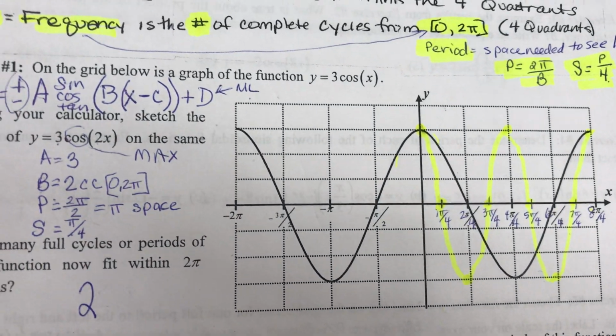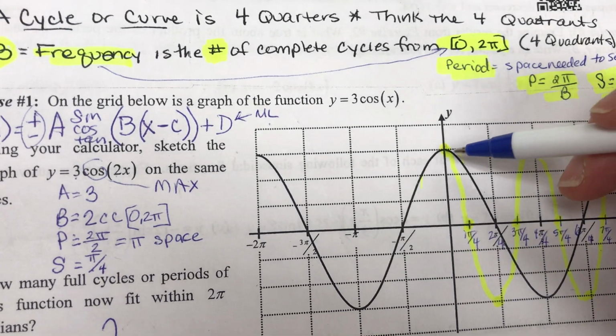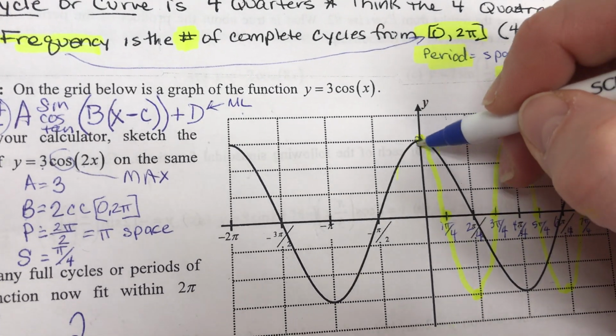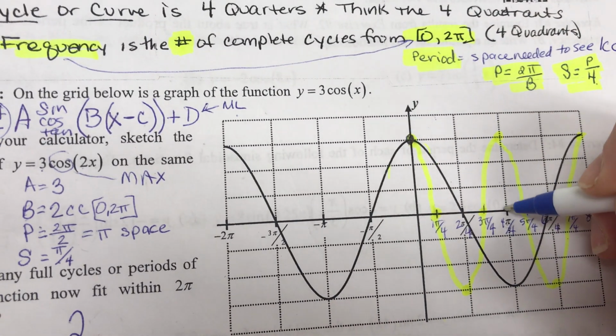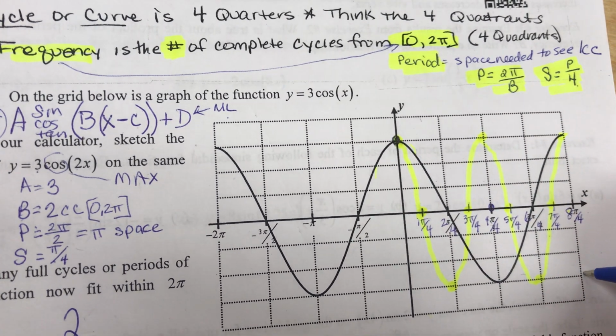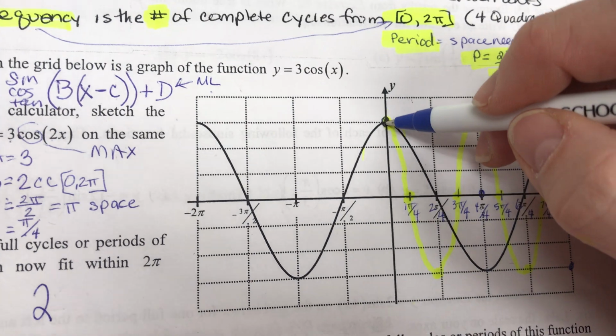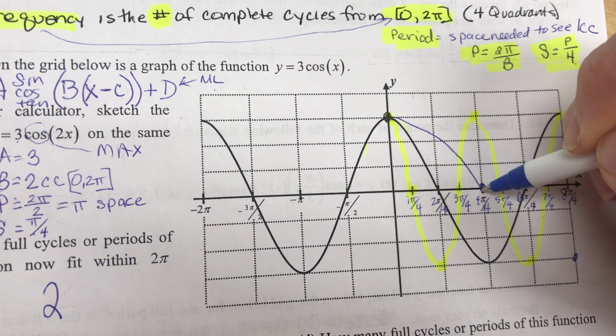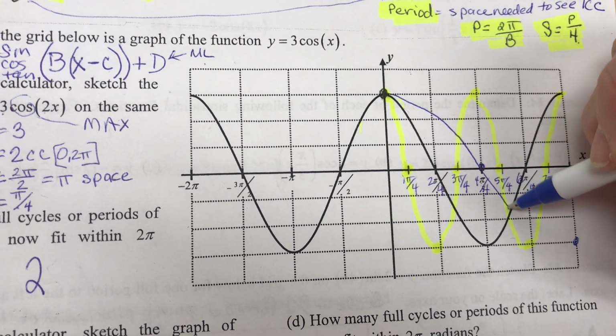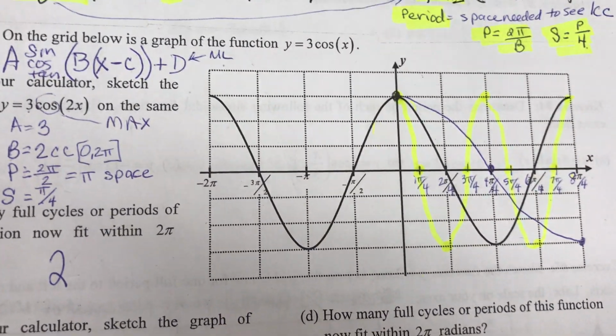So if you did this on your calculator, you would have had a max here, a middle here, a minimum here at 2 pi. That means that this would have just been 1/4 and another quarter.